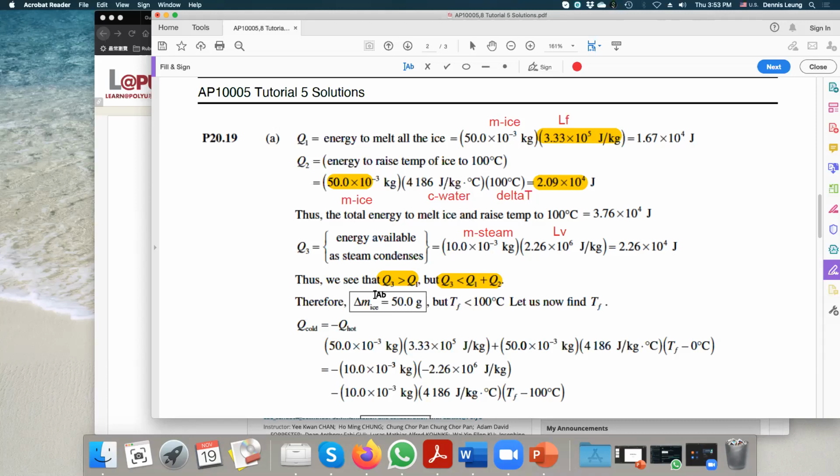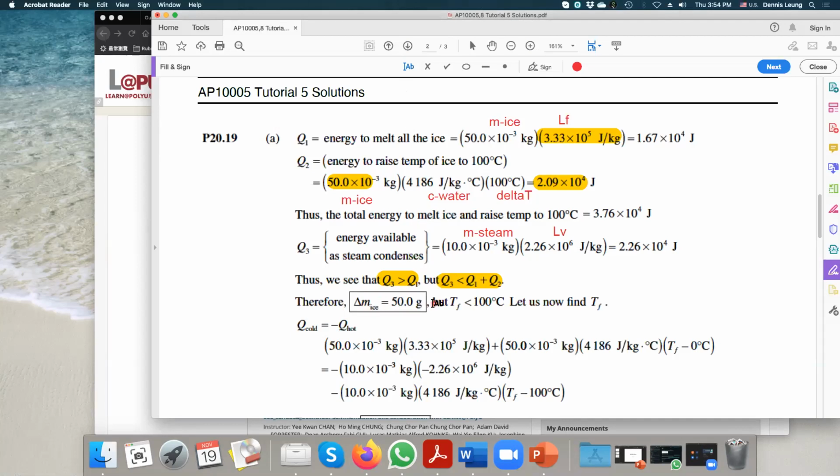So you could guess from the first statement, Q3 larger than Q1, that all the ice is melted.